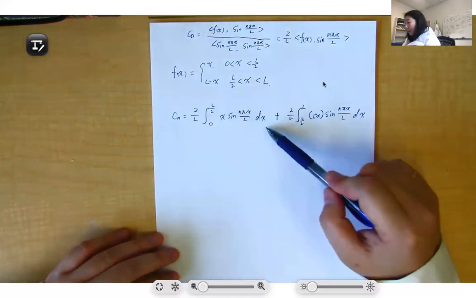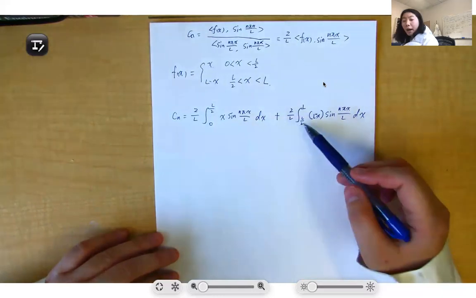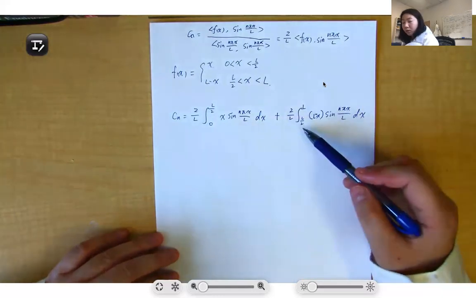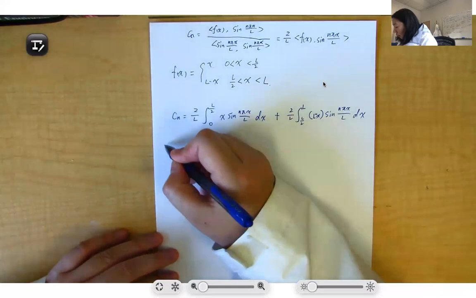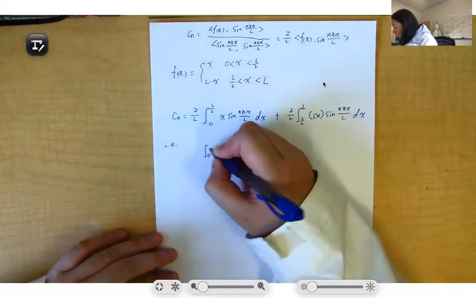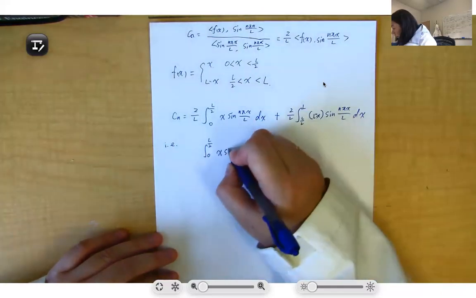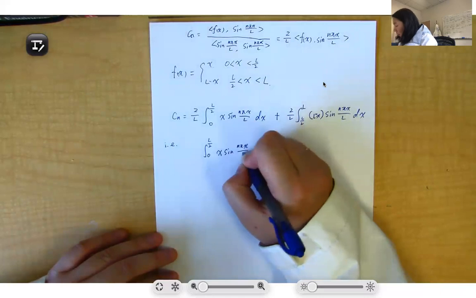Let's make an example of this one, and you can practice the integral for this one. For example, from 0 to L over 2, x times sine n pi x over L. This is an integral of a product of two functions.